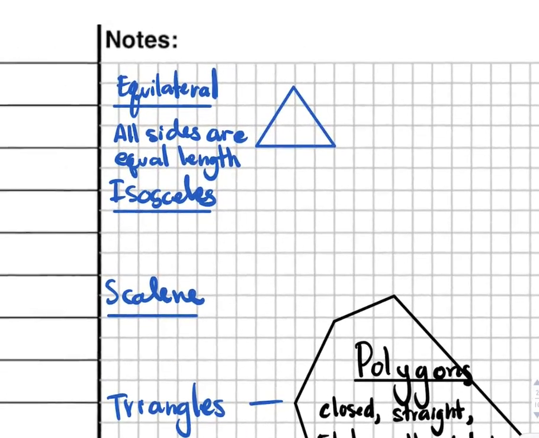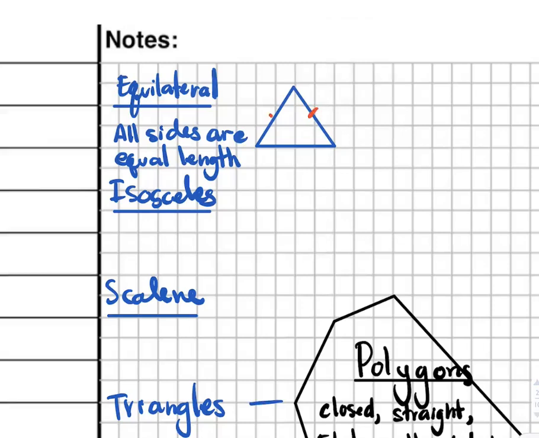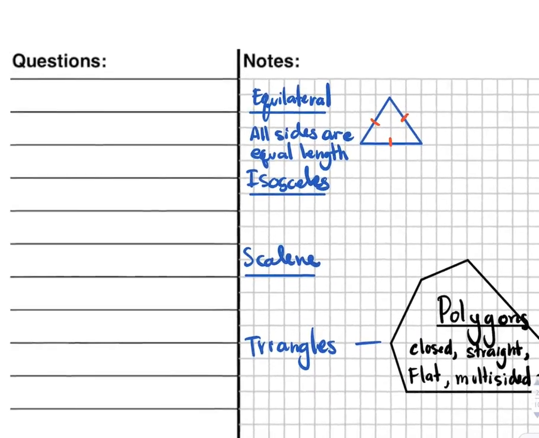If I draw markings that look like this, these dashes on sides represent equal lengths.